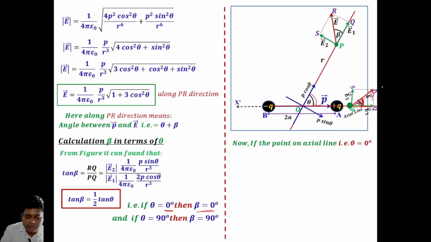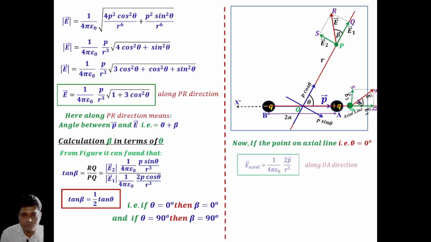That means the resultant electric field intensity will be along this direction, along the axial line, which we already found earlier. Okay, and the value will be how much? 1 by 4 pi epsilon 0, 2 p vector by r cube, along the OA direction. Okay, these things we already found when we discussed them separately.